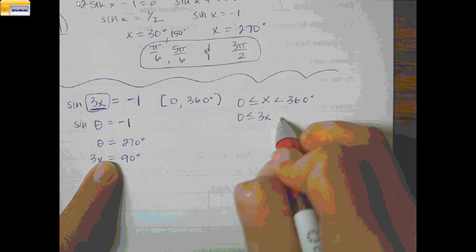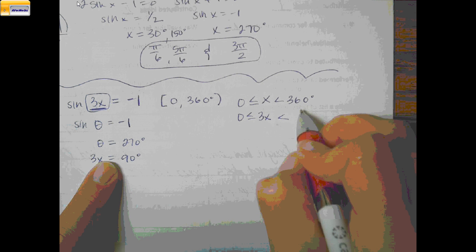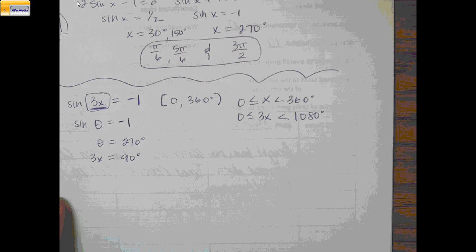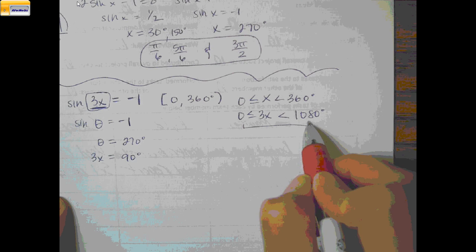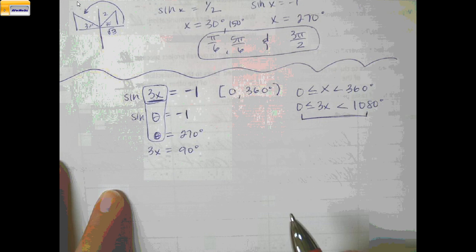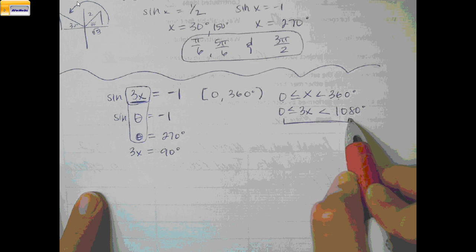If I triple this as well, I'm going to get 1080. So this is the initial interval for theta, this 3x. Rather than just solving between 0 and 360, we're solving between 0 and 1080.